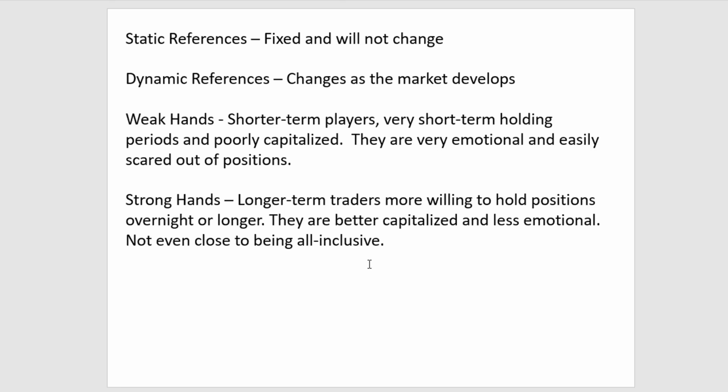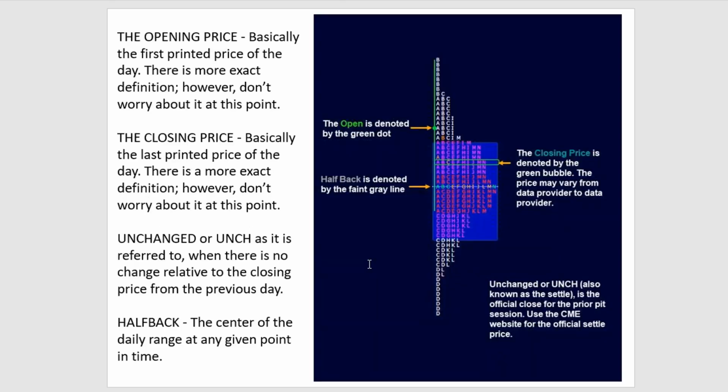Let's look at some other references. Okay, the opening price. We said early on that the opening price is going to be a static reference once it's open. It's the green dot here. The closing price is the last trade of the day. It's the last trade we see. There is an official price determination made by the exchanges.